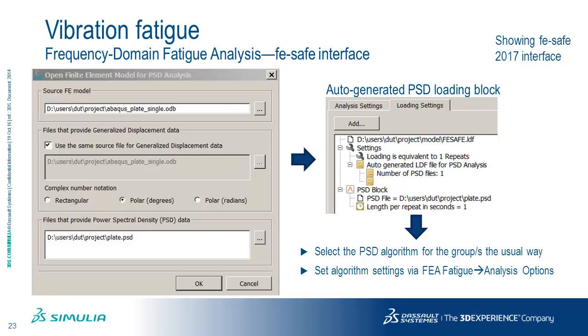We set the defaults up here appropriate to what comes out of Nastran or ANSYS or Abaqus, right? And then you enter the PSD, right? And we auto-generate the load definition, right? So you end up with this PSD loading block created for you with everything, the scale and combine, all set up.